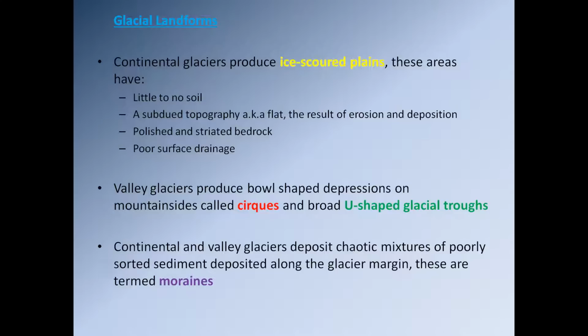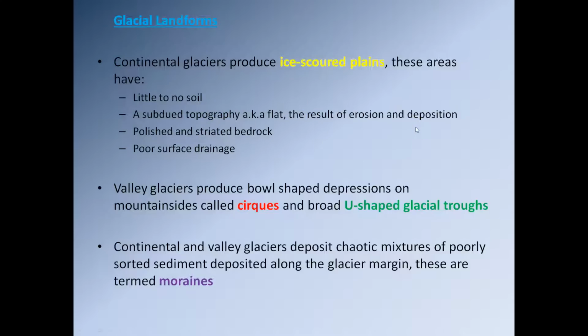Okay, so now we're going to look at some of the landforms that are produced by glaciations. Continental glaciers, the very, very big glaciers, will produce things which are referred to as ice-scoured plains. These areas have little to no soil because the glaciers ploughed it off. They have a very subdued topography, so the areas are very, very flat.